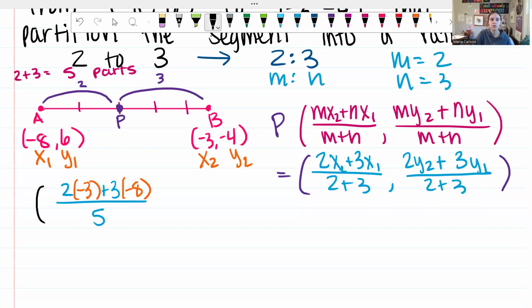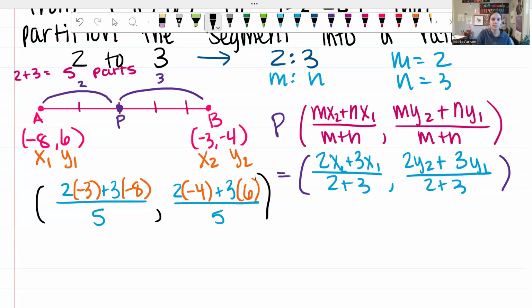And then our y coordinate is found in a similar way. I will have 2 times our y2, which is -4, plus 3 times our y1, which is 6, and that will also be divided by 5.